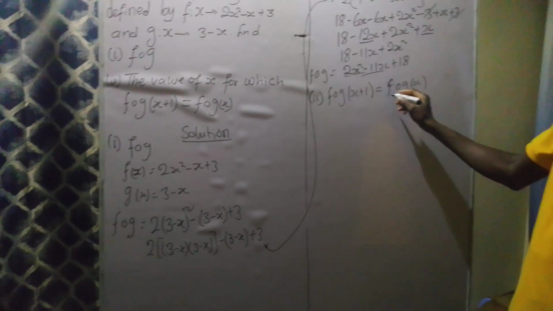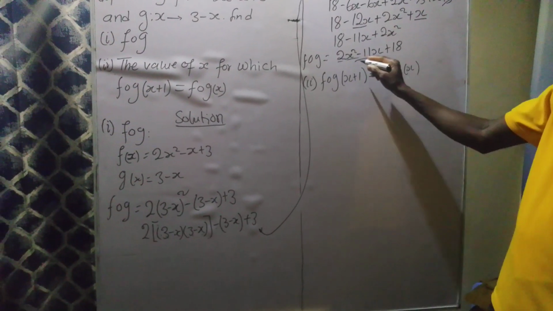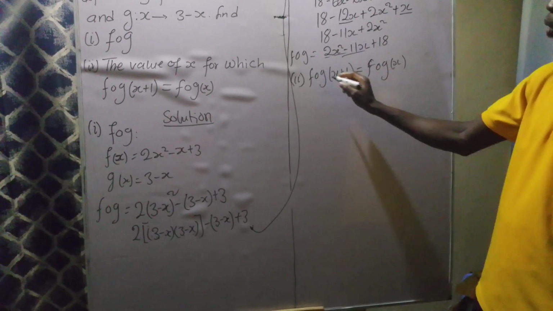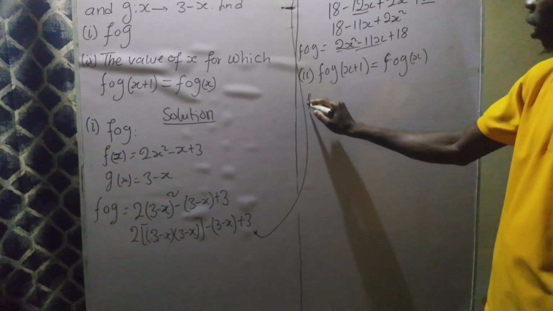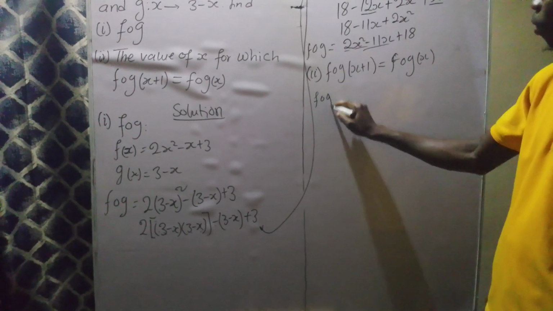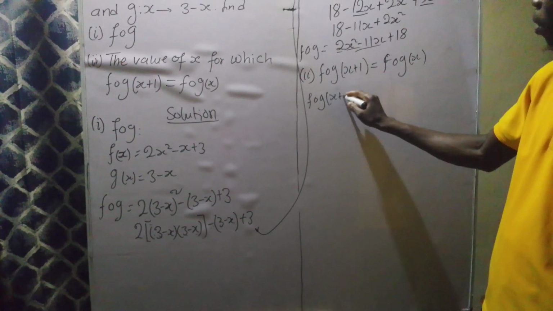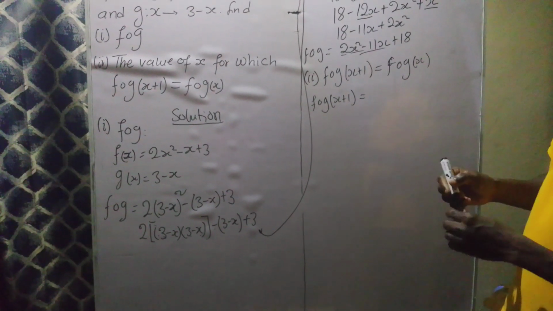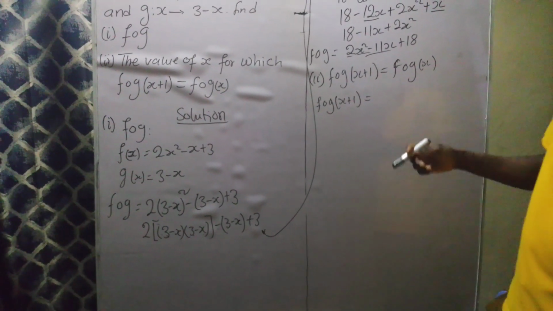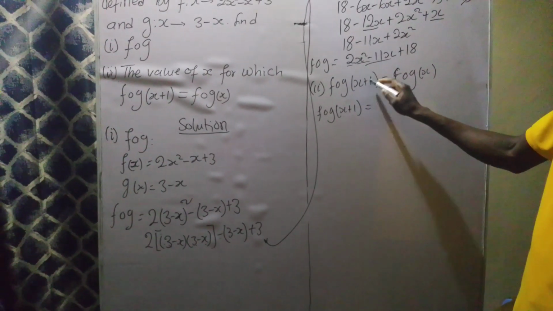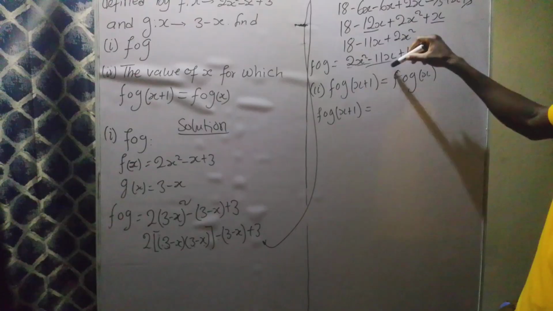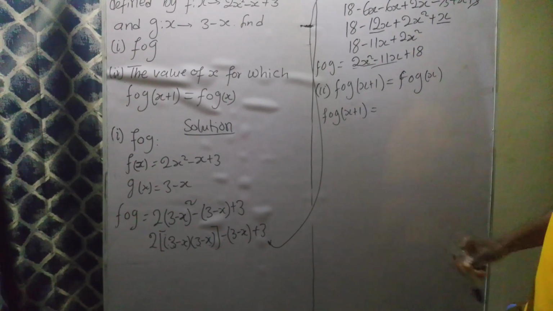But we have gotten the solution to the right side. So our focus has to be on the left hand side. We are going to have f of g of x plus 1. What it means is that we just substitute x plus 1 into the function we have gotten for f of g.